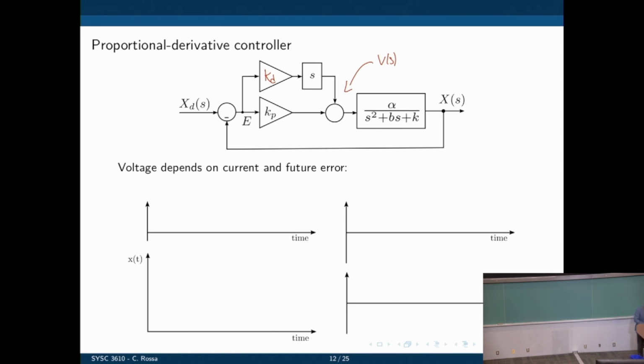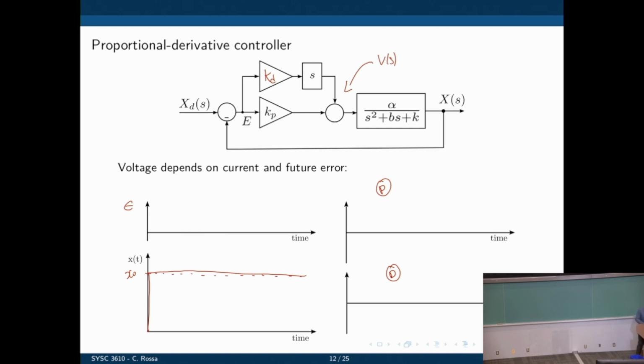Let's see what that does. Same scenario, we want this to move to x0. And let's create an error here. This is the proportional part. This down here is going to be the derivative part. Let's assume that we had just the proportional part.